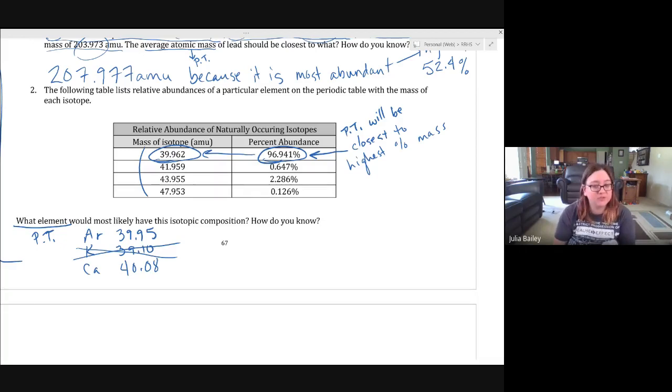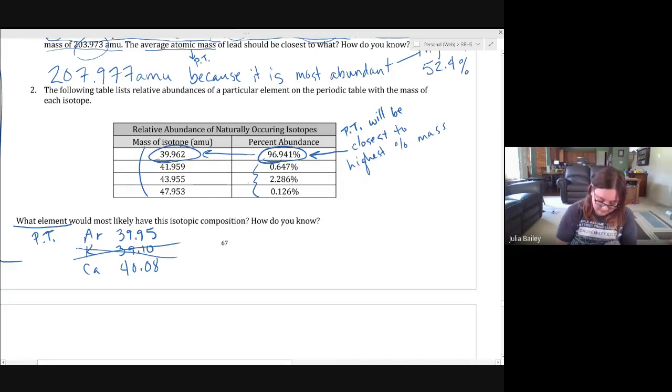But the problem with just looking at that is that if you think about how averages work, these other percents still come into play. They're still going to affect the weighted average. They're going to drag it in a certain direction. They're not going to drag the average as hard as this 96%, but they will drag it.